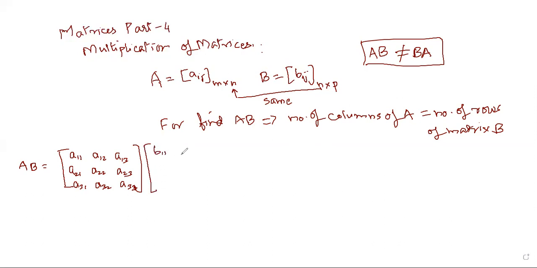So B is B11, B12, B13, B21, B22, B23, B31, B32, and B33.